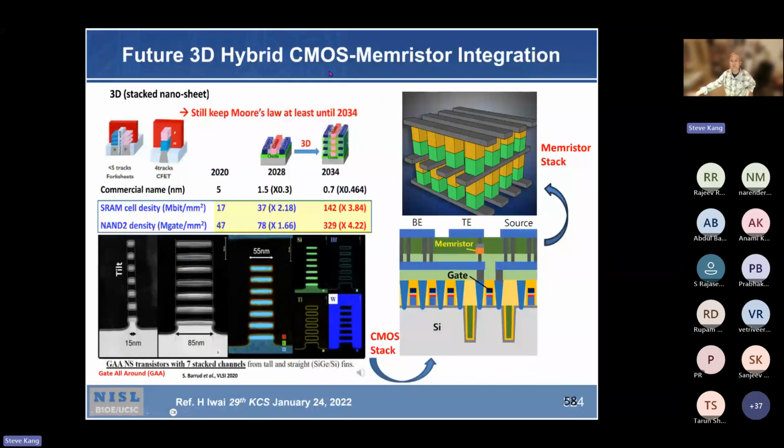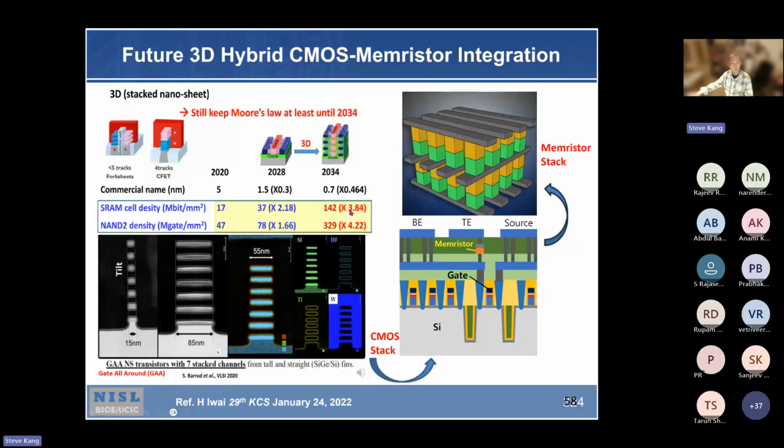Three-dimensional hybrid CMOS memristor integration. This shows this Intel product, right? And this shows the state-of-the-art three-stacked nanosheet transistor, like a nanosheet to form the gate area. The SRAM cell density, megabit per square millimeter, in 2020 was 17, 2028 is 37, 2034 is supposed to be 142.